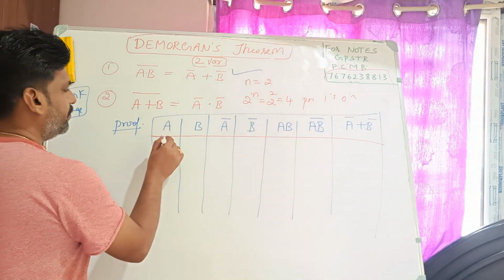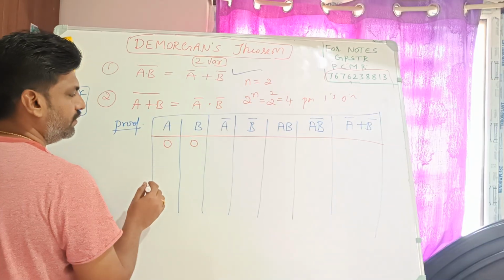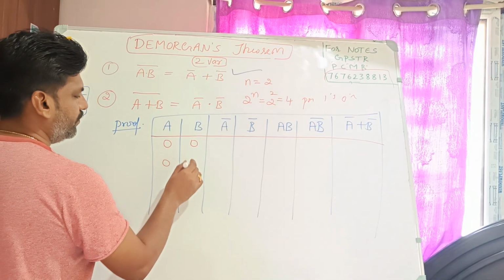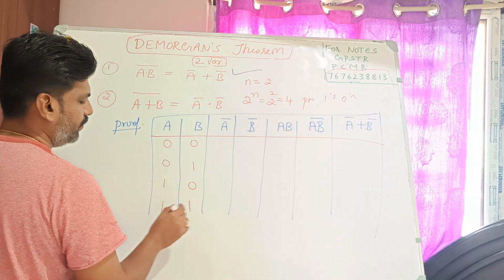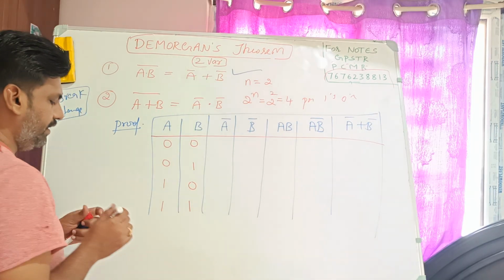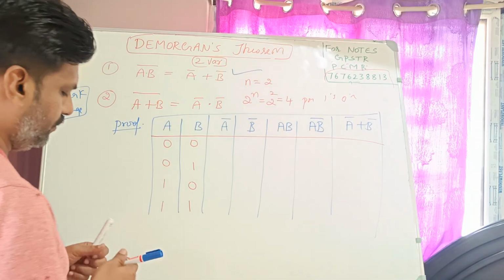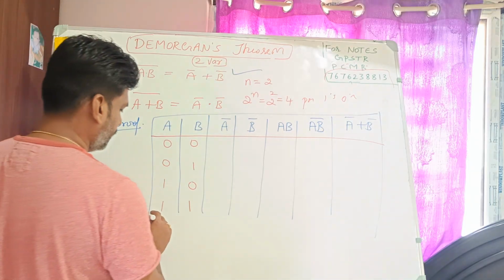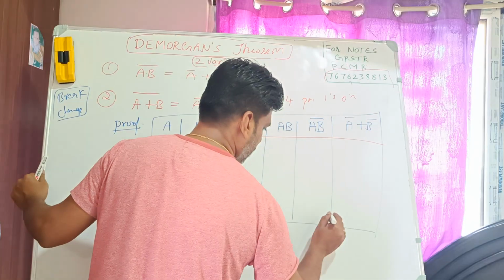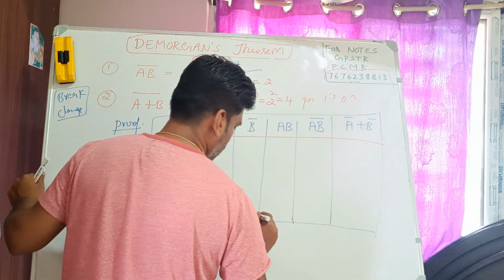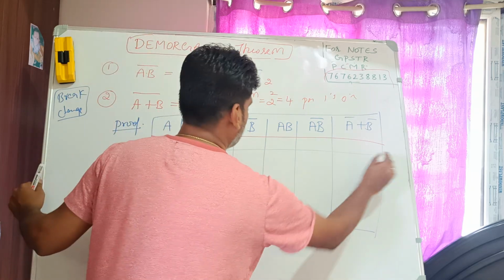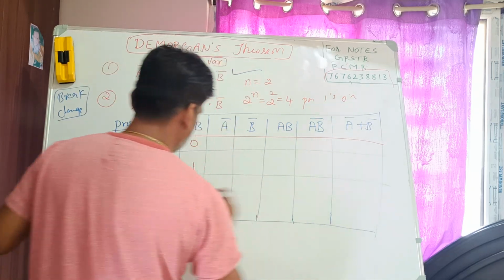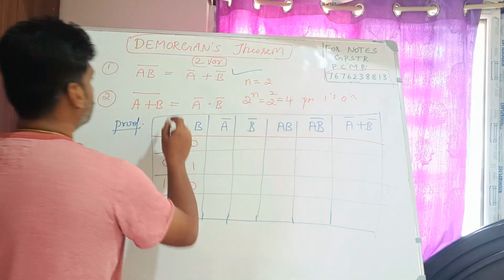What is the first possible combination? 0, 0. The second? 0, 1. The third? 1, 0. The fourth is 1, 1. So for these combinations, we should write the De Morgan theorem. That is the verification of the De Morgan theorem, and it is the first one. So it is this one.